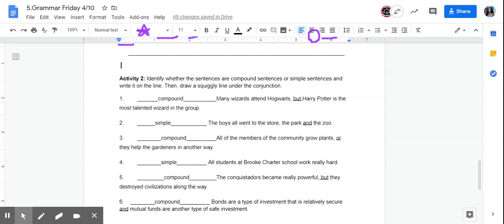This is a compound sentence because we have wizards as our subject and attend as our predicate. Then we have our conjunction, but. Then we have Harry Potter as our subject, and then is is our predicate. So this is an example of a compound sentence.